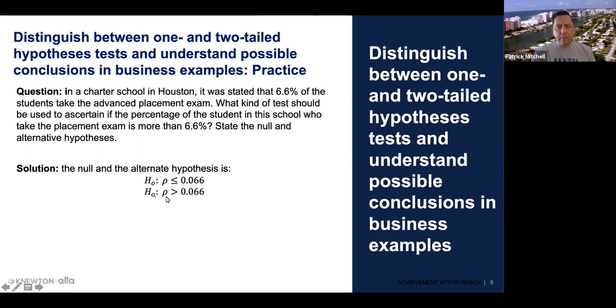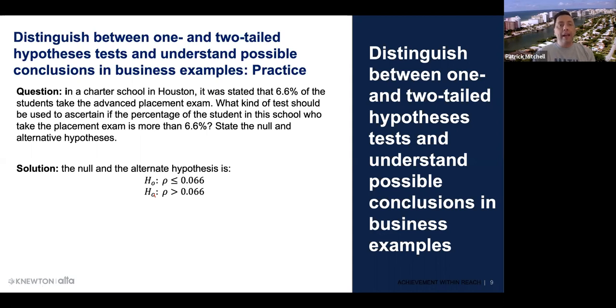It kind of looks like a P. And to be honest, I cannot remember off the top of my head if your book uses P or rho for population proportion, but anyway, that's what it stands for. Okay. The alternative would be that that proportion is greater than 0.066, so we're writing it as a decimal. And then the null hypothesis has to be that the proportion is less than or equal to 0.066.